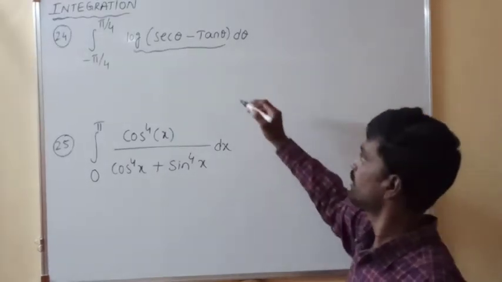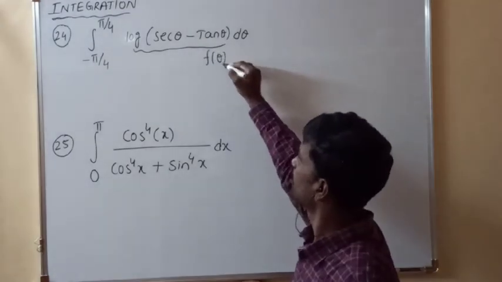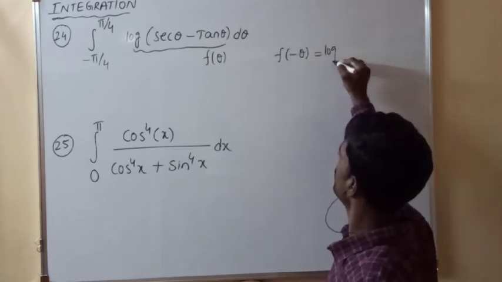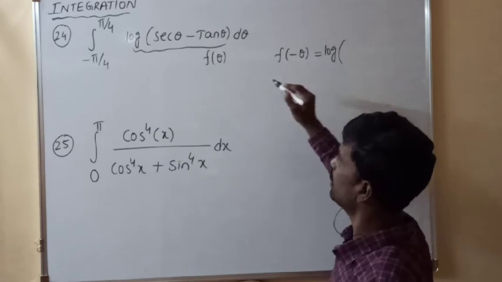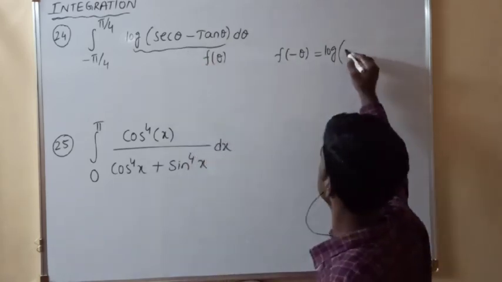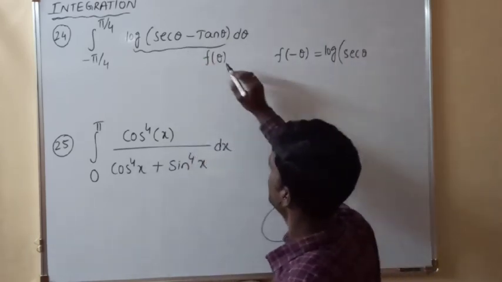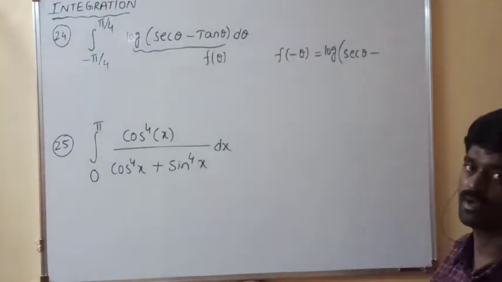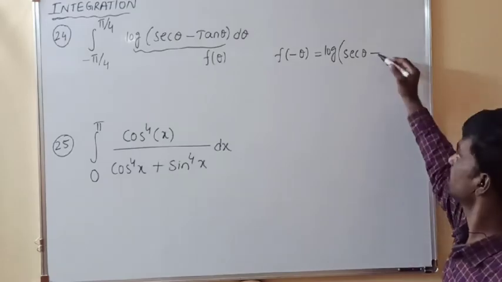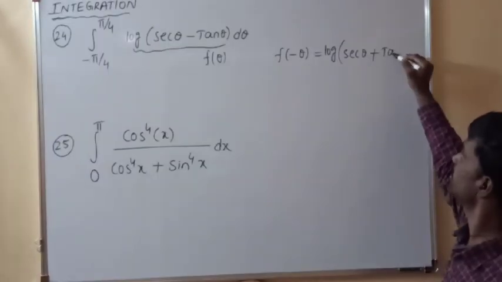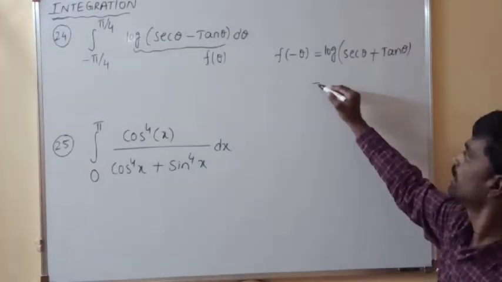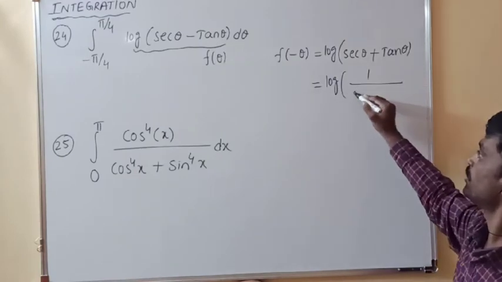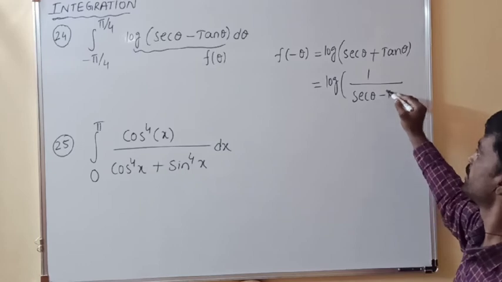If you take this as f of theta and calculate f of minus theta, what will you get? Log of secant of minus theta, which is secant theta, next to minus tan of minus theta. Tan of minus theta is minus tan theta, so already minus is there. Minus into minus plus tan theta. So log of secant theta plus tan theta can also be written as 1 upon secant theta minus tan theta.